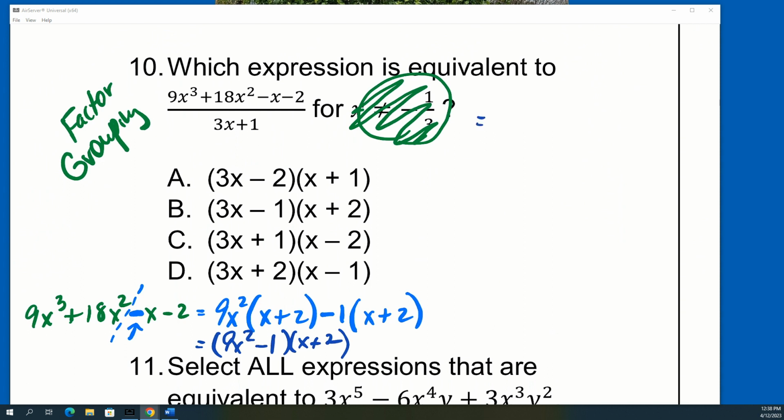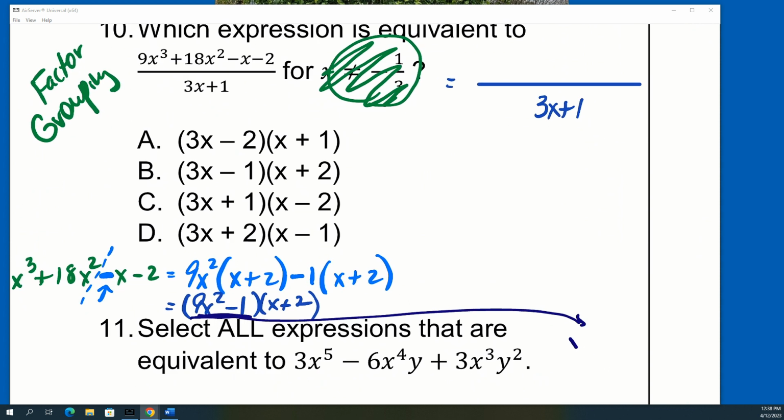Whatever we get in factored form is going to go on the top of this fraction, and 3x plus 1 is going to go on the bottom. And probably something is going to cancel out. But right now, nothing would. So we can factor one more time, because this right here, I know we don't have a ton of room, is the difference of squares.